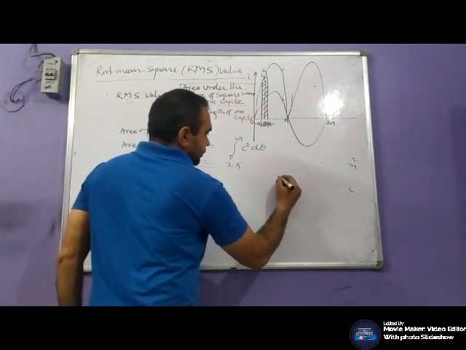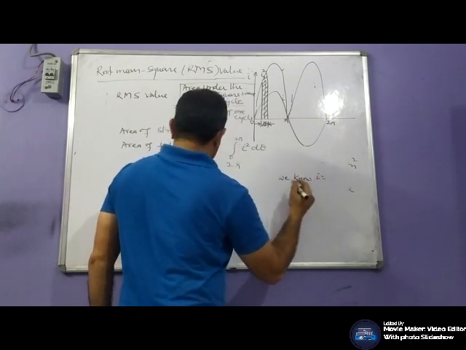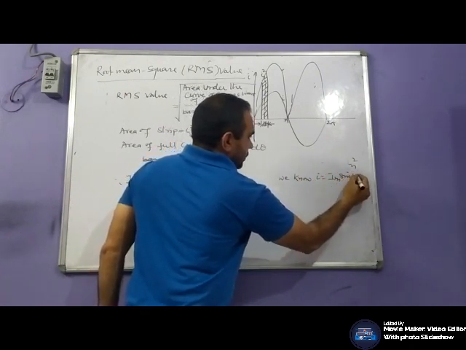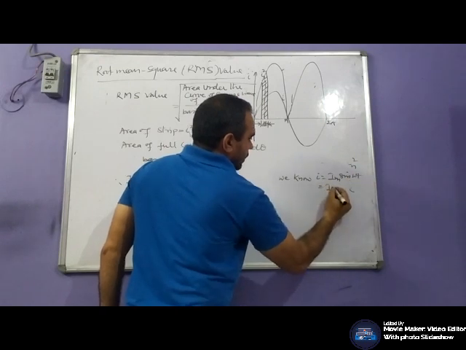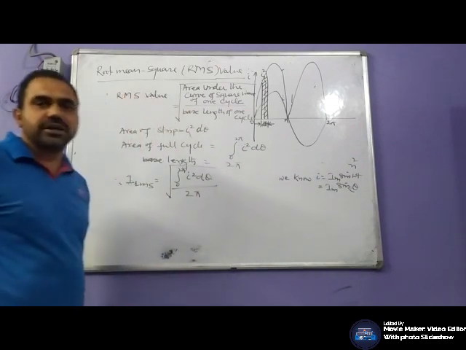We know what I is: I is Im sine omega t, or Im sine theta, where theta is omega t.